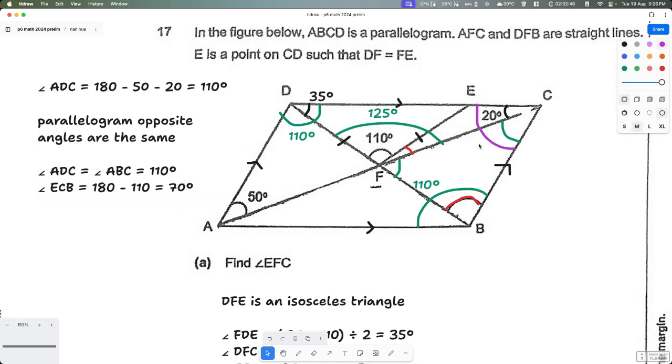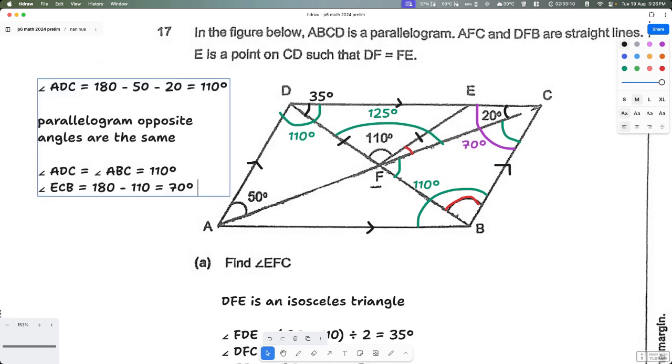There you go. So this over here is 70 degrees. Now we know this 70 degrees.